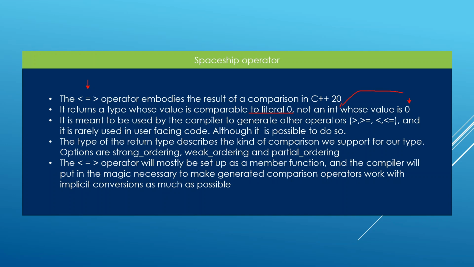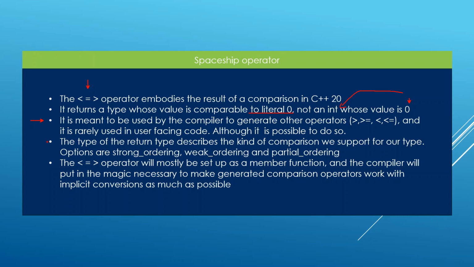If you try to do that, you're going to get a compiler error. The three-way comparison operator is meant to be used by the compiler to generate all the other comparison operators. For example, we can generate the greater than versions, we can generate the less than versions, we can even generate the equal operators if that's what we want.